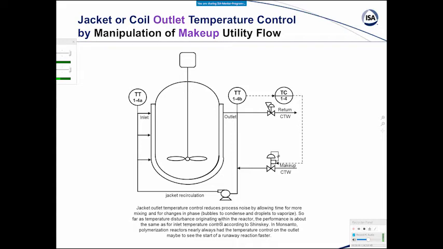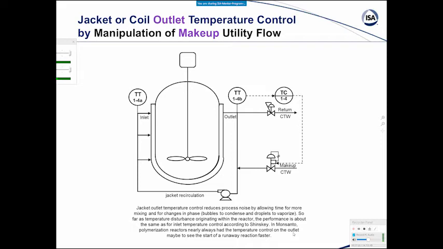So far as temperature disturbances originating from within a reactor, the performance is about the same as for the inlet temperature control according to Shinsky. In Monsanto, though, the polymerization reactors are nearly always controlled by way of manipulating the outlet temperature, maybe because they wanted to see the start of one reaction faster. Maybe they were more concerned about seeing the effect of some coating on the heat transfer surfaces.